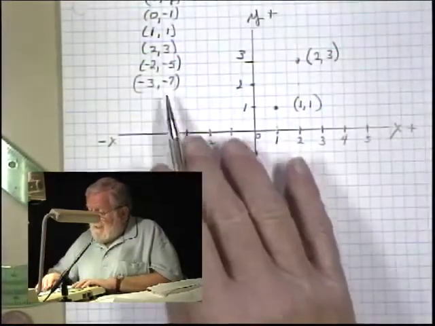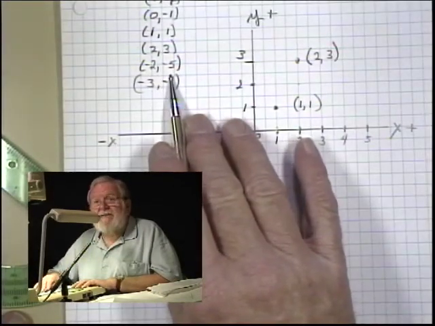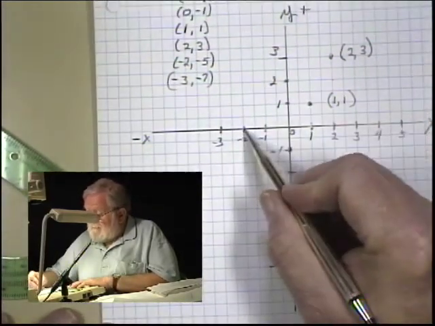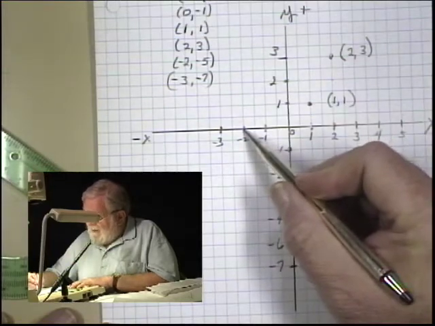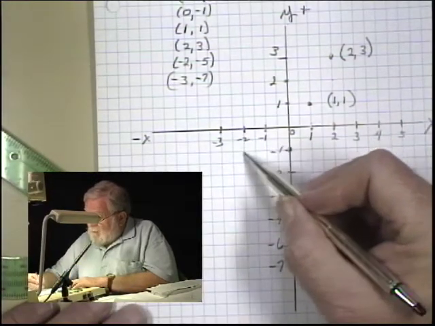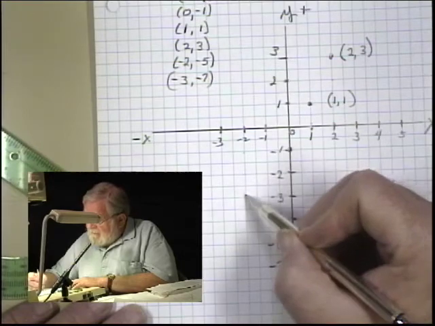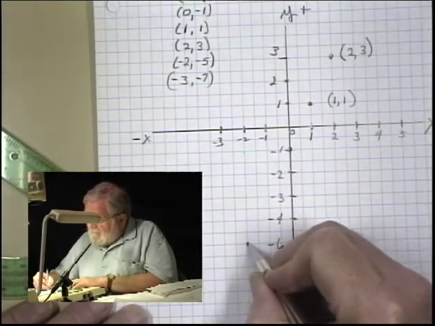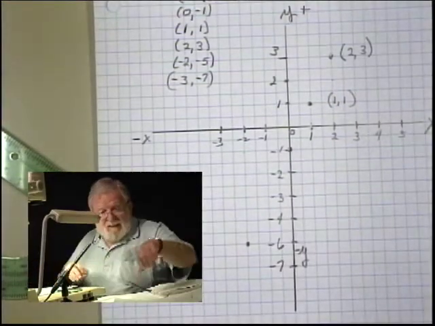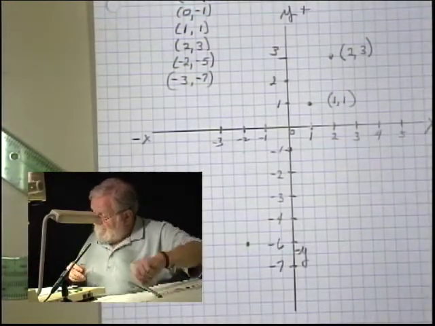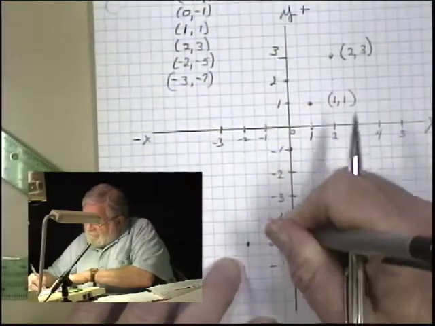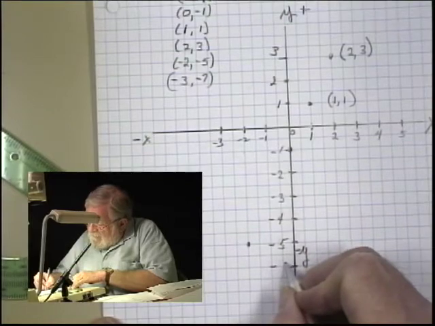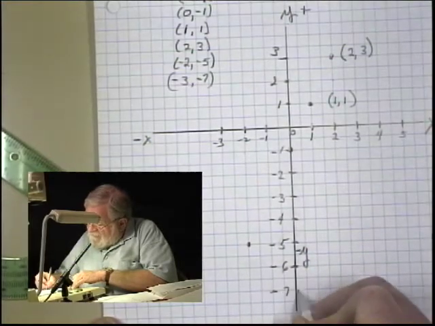The next point is -2 and a -5. So we go -2 on the x would be over here, and a -5 on the y would be a -1, -2, -3, -4. Oops, I skipped 5. -5. I got to redo this axis. This should have been a -5, -6, -7 is going to be down here.